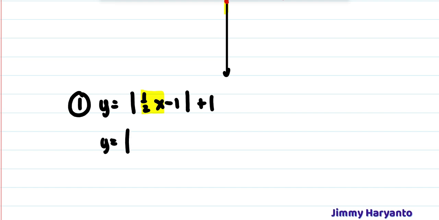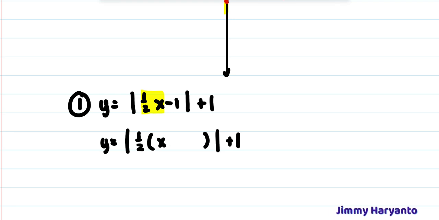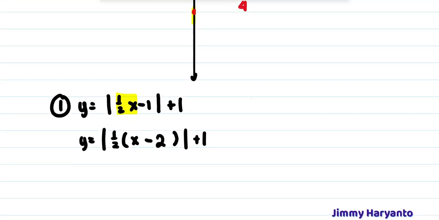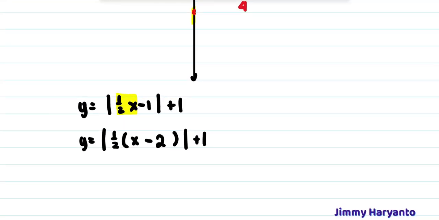So y equals half, open bracket, x, and then plus 1. When you factorize the half, that means this negative 1 has to be divided by half, so you'll have negative 2 like this. If you already make the function like this, you are ready to describe the transformation.